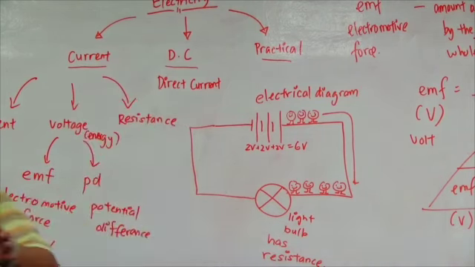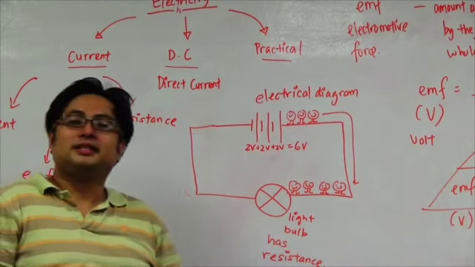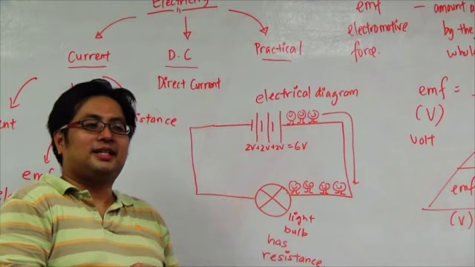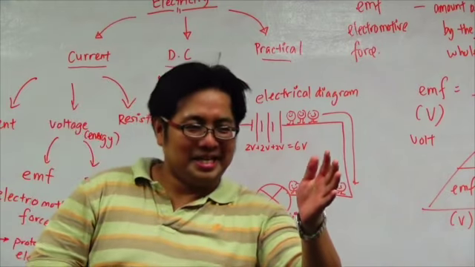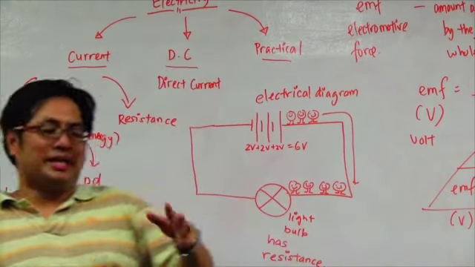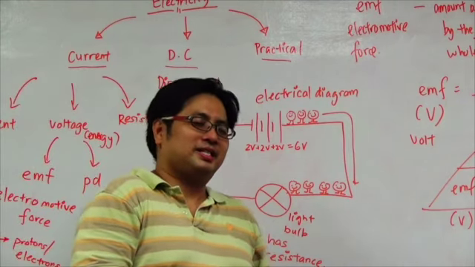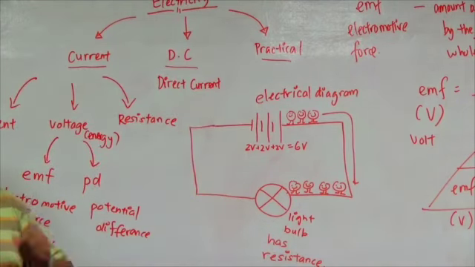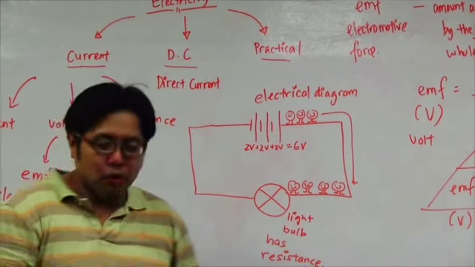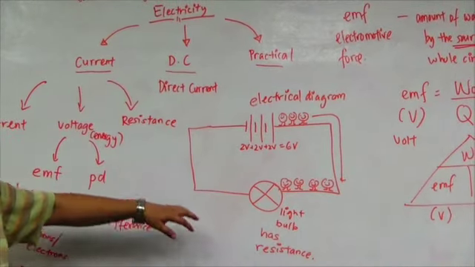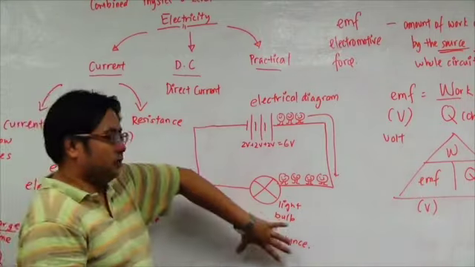Go against. Correct. So basically, this light bulb will offer a resistance.